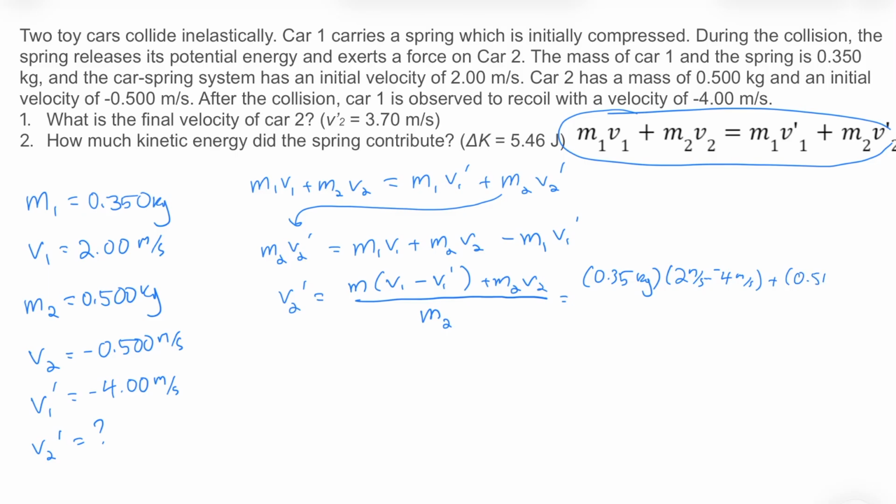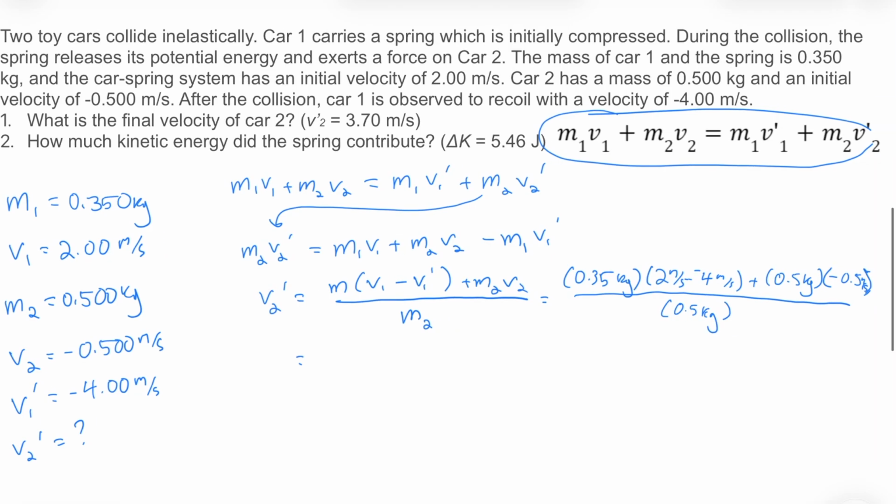So we have 0.5 kilograms as our mass for object 2, times the initial velocity of negative 0.5 meters per second. And then we divide that by m2, which is 0.5 kilograms. And so v2 prime will be going 3.7 meters per second.